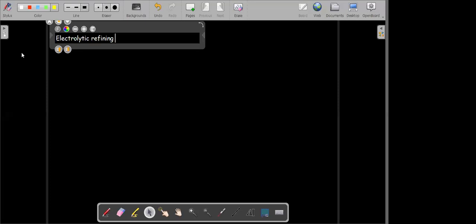Aluminium was extracted earlier, when the process of electrolysis was not determined, by the process we studied in displacement reactions.